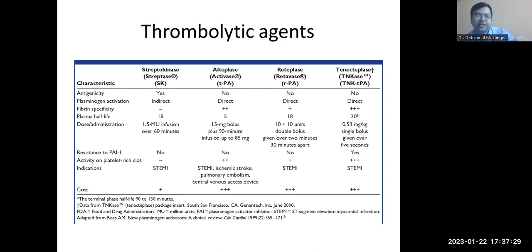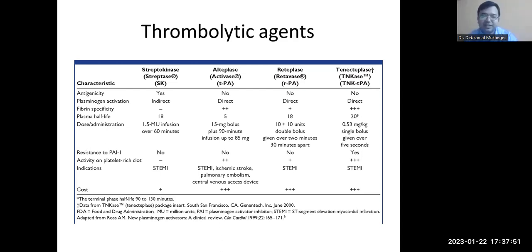If the patient can be referred to a PCI center within 120 minutes, meaning door to balloon time is within 120 minutes, at that point of time we will transfer the patient to a PCI enabled center. But if it is not, then we may thrombolyse the patient.